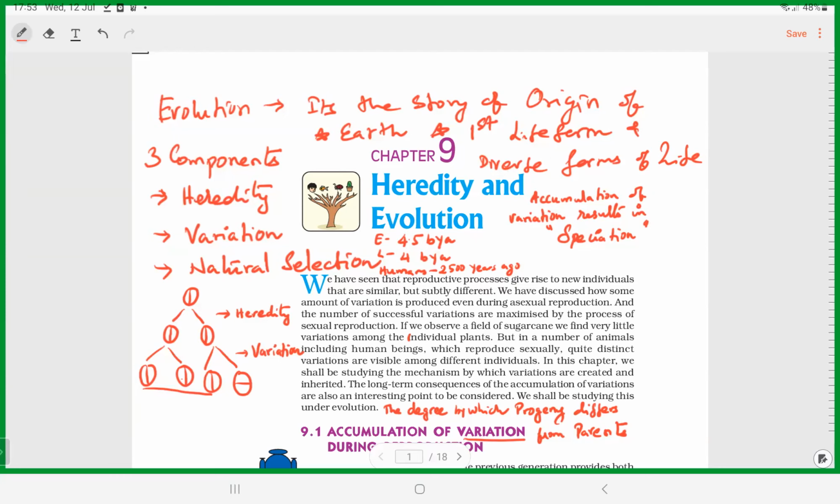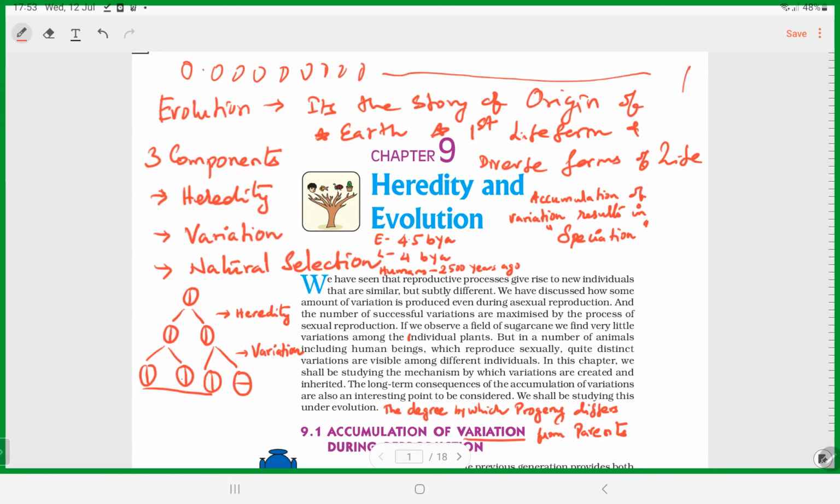So where is the room for variation in evolution? Sexual reproduction. Variation is the result of sexual reproduction: when two organisms fuse, progeny is produced. Initially, for example, there is a 0.000000001 initial variation.